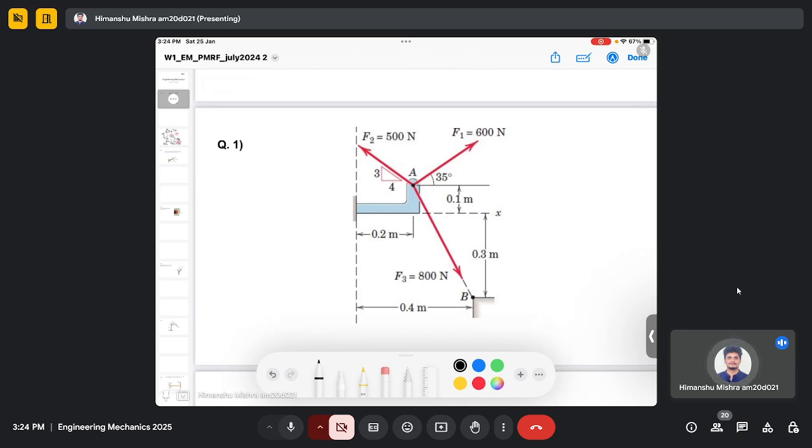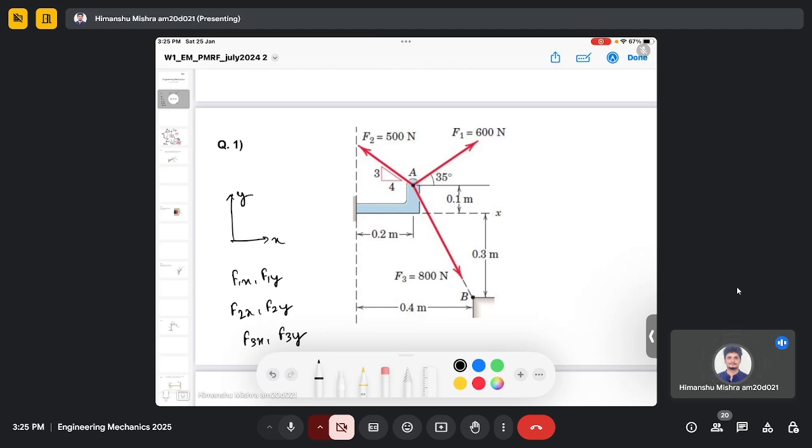In this question, we are given three external forces F1, F2 and F3, and we need to calculate the components of F1, F2 and F3 along the X and Y directions. If we assume the Cartesian coordinate system X and Y, we need to calculate F1x, F1y, F2x, F2y, F3x and F3y.